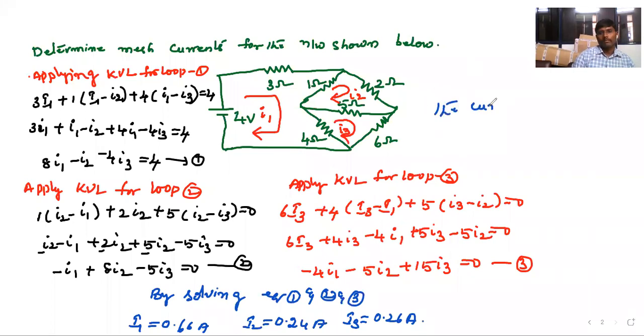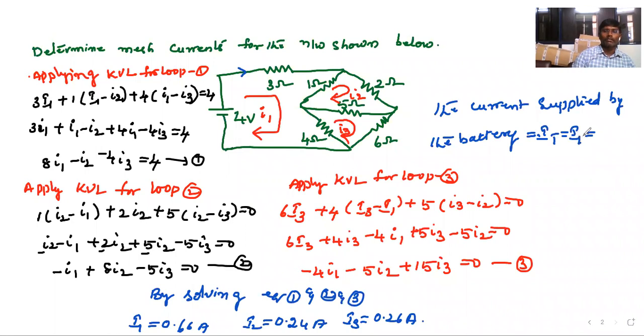The current supplied by the battery is equal to IT, which is equal to I1, which is equal to 0.66 amps. Okay? So this way you can apply mesh analysis to solve the network.